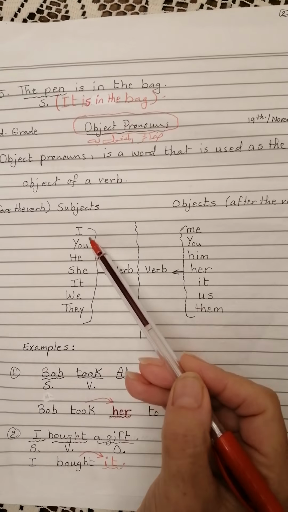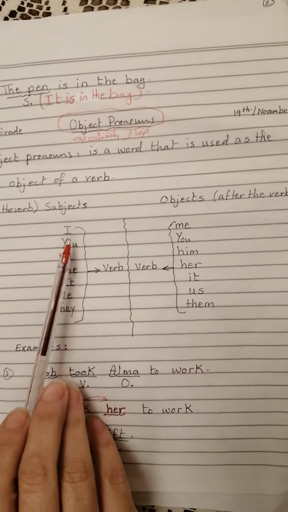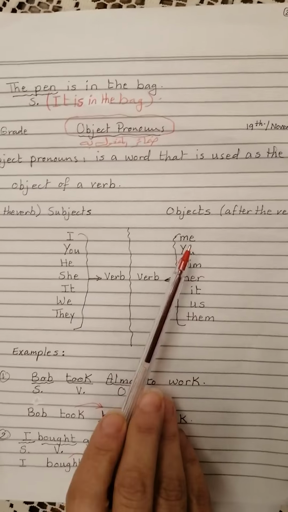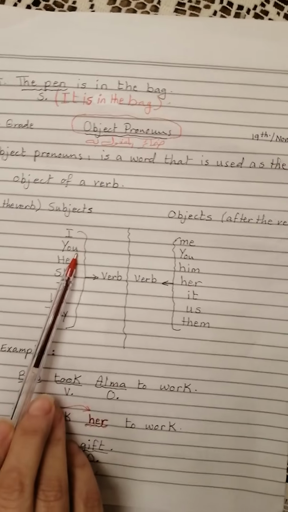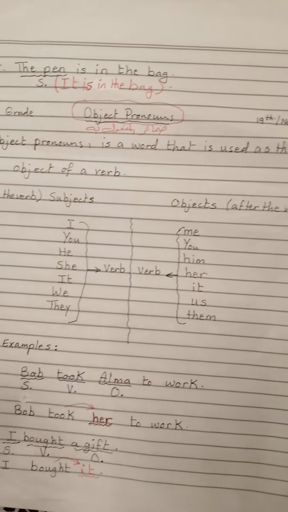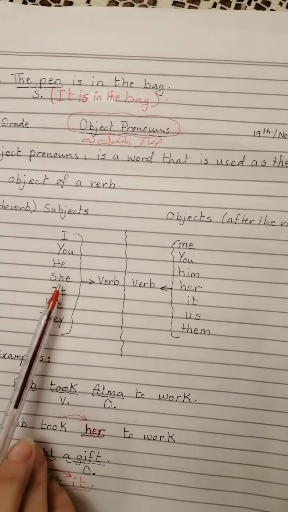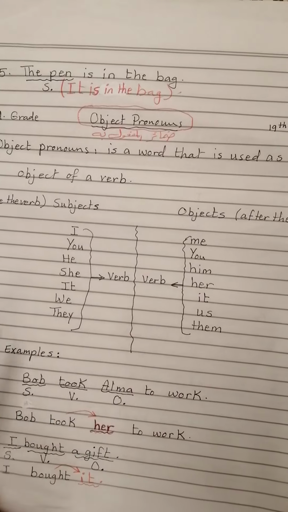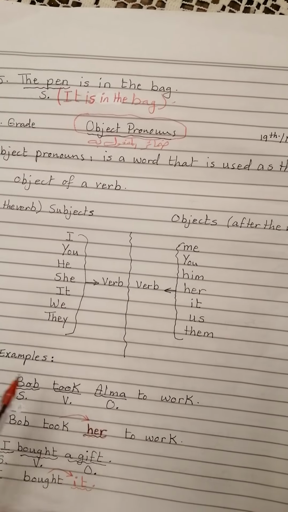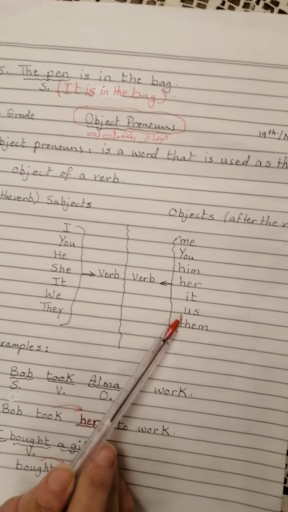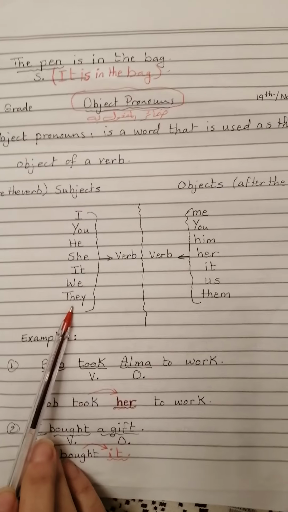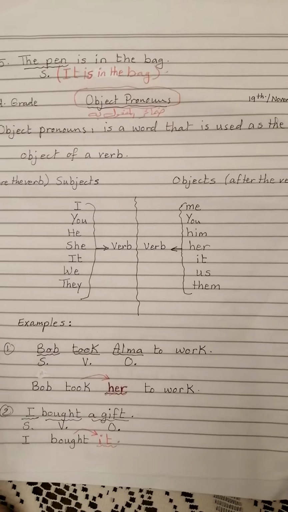Again, the subject I becomes me, you is also you, he becomes him, she, her, it, it, we becomes us, and they becomes them.